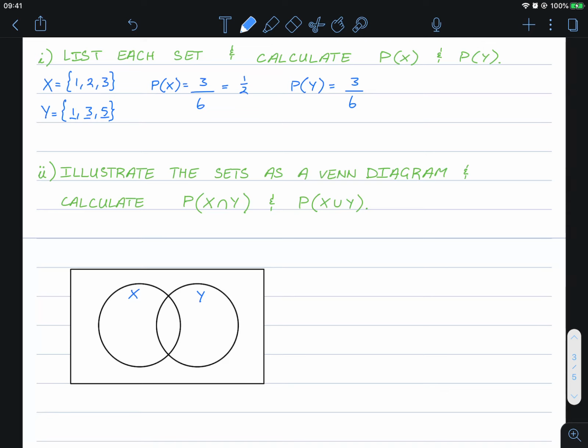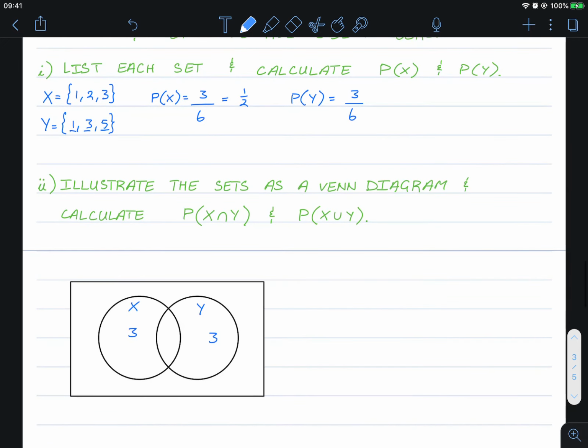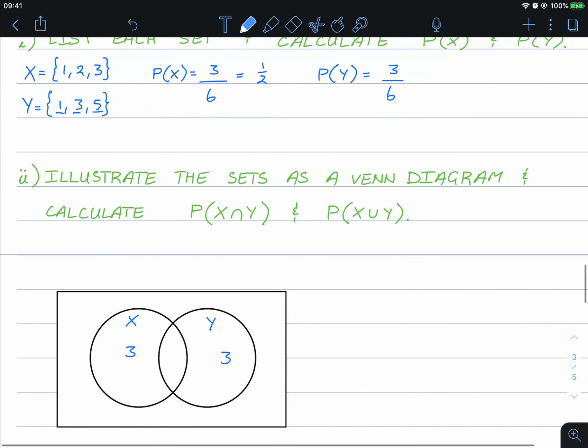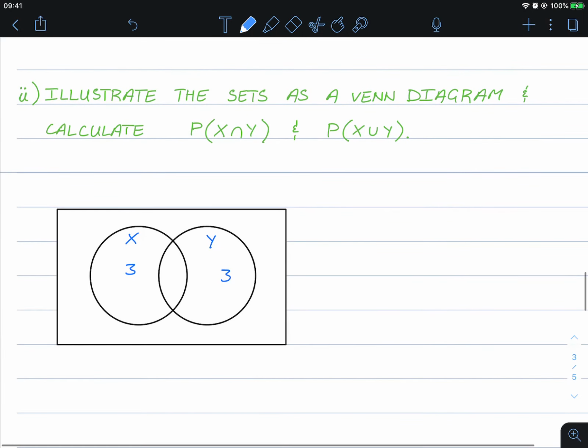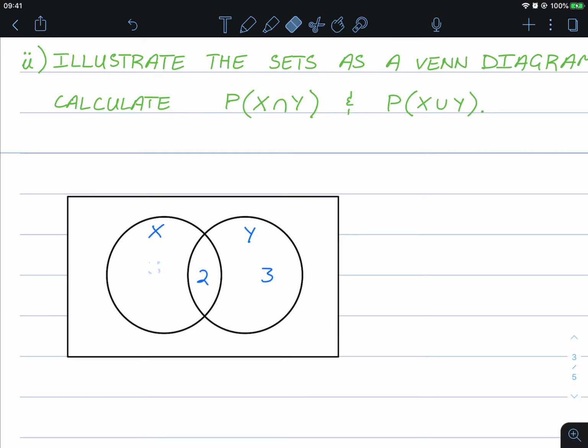X would be 1, 2, and 3, so there should be 3 things in total here. Set Y should also have 3 things, but looking very carefully, there are shared values. So in the intersection here, 1 is shared and 3 is also shared. So there are 2 things that belong in the intersection, so 2 goes into the middle, which means we have to subtract from the left and right.